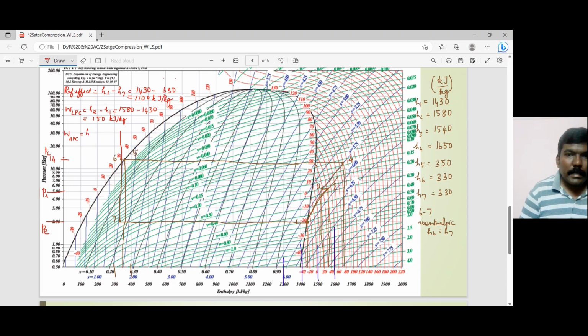So that is H4 minus H3. H4 minus H3 is 1650 minus 1540, and that is 110 kilojoule per kilogram. Okay, so if you look at the total work input, the W net will be WLPC plus WHPC. Okay, so that is going to be 150 plus 110, which is 260.